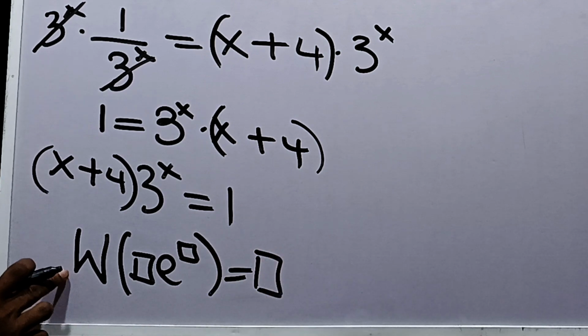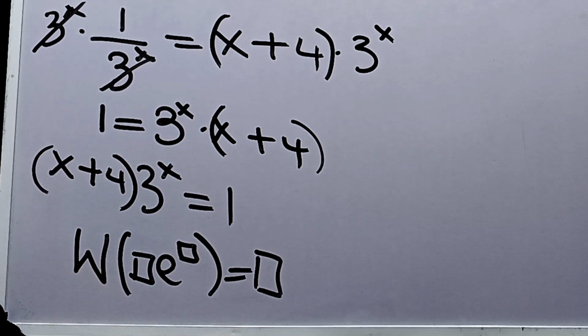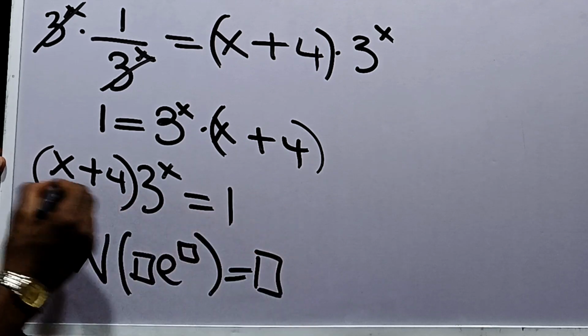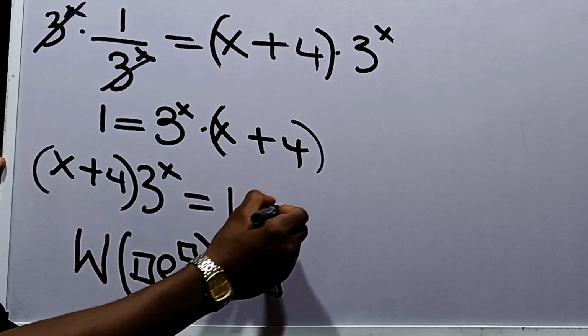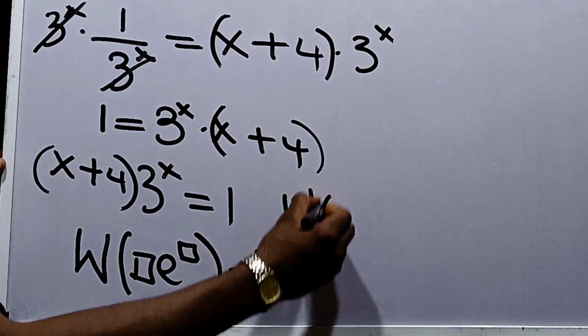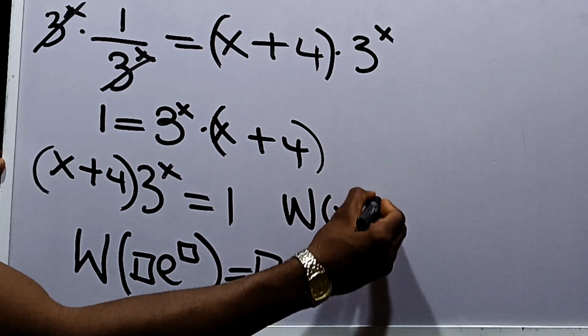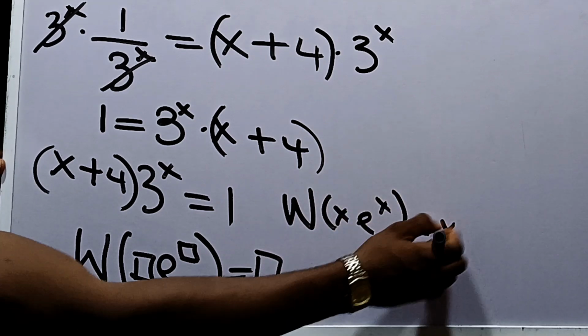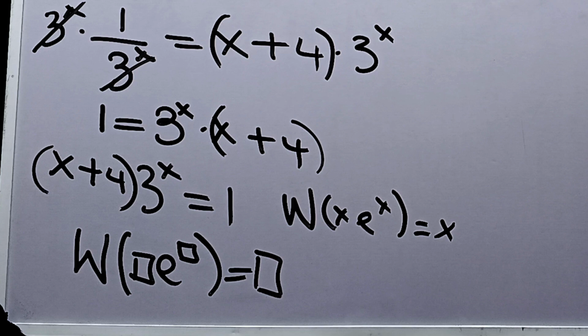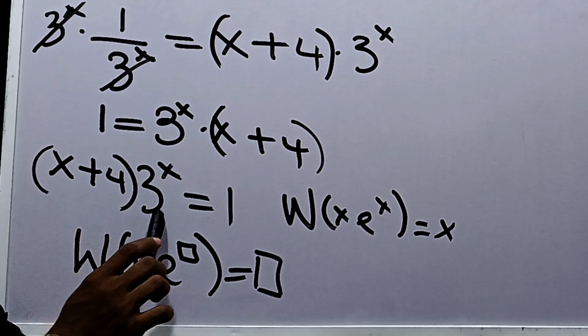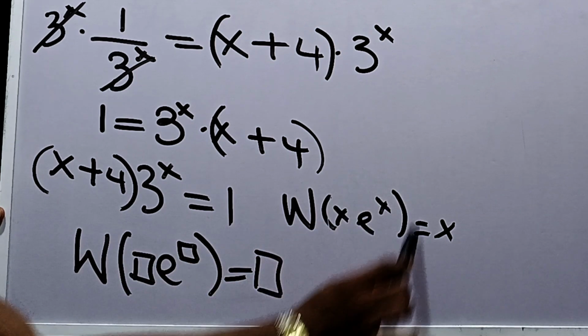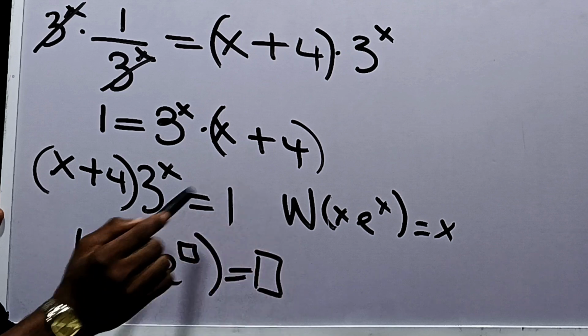So if, for example, we have x as a variable, we would have W of (x e^x) to be equal to x. Alright, so this is what the formula states. Now it means that we have to get this in the form where it looks just like this in order to be able to apply this W in this question.